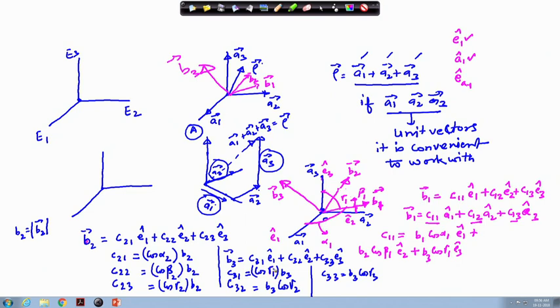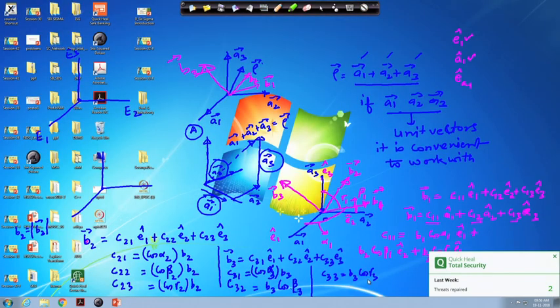Here we need one correction: C 3 1 is cos alpha 3, and C 3 2 is written in terms of the beta angle, so that will be cos beta 3, and here this is okay.